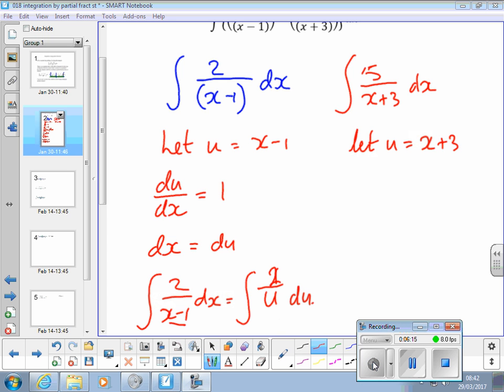Therefore, we've got to rearrange it: dx equals du.